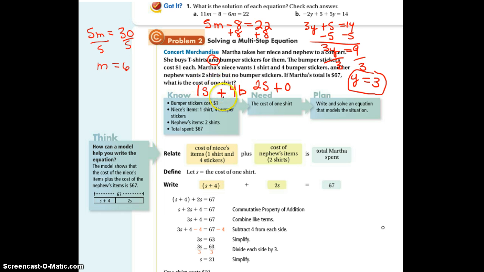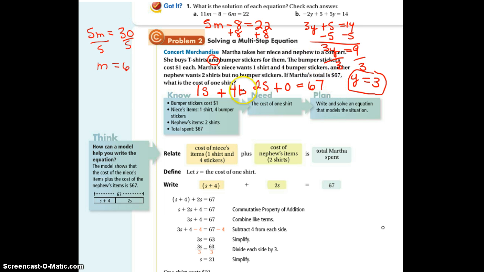Now, this right here represents how much it's going to cost. So if I wanted to figure out the total cost, I would have to add all this together. So if I add all this together, it should come out to $67.